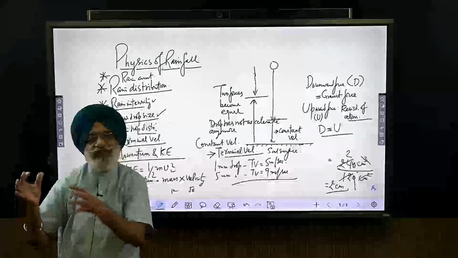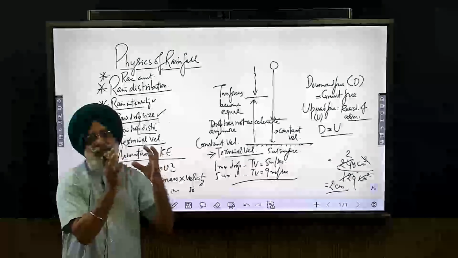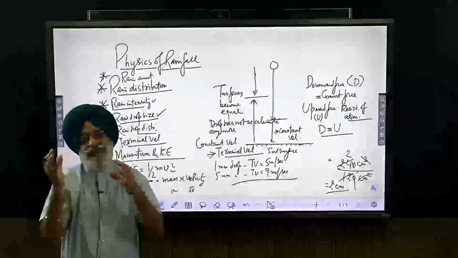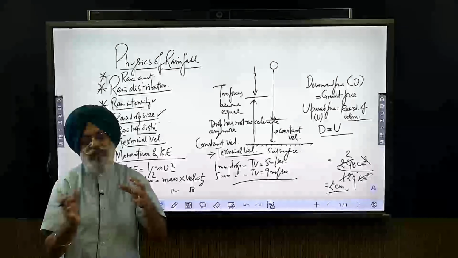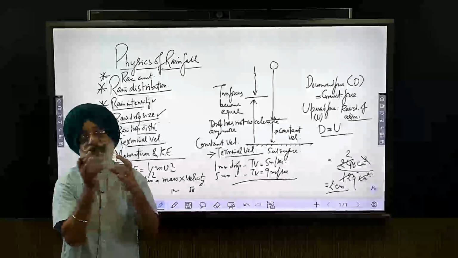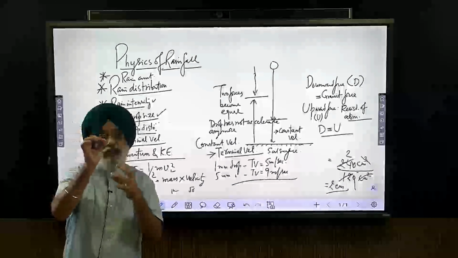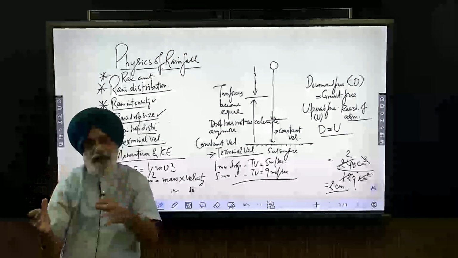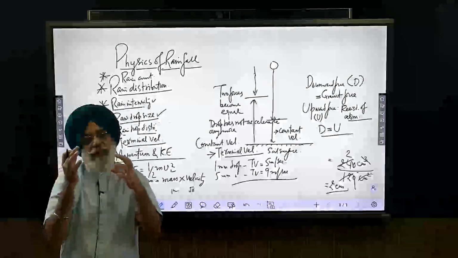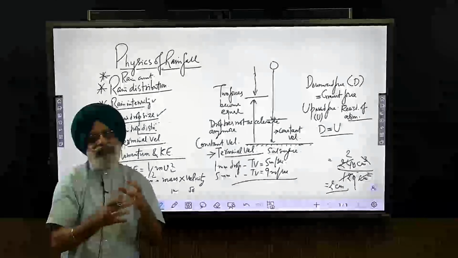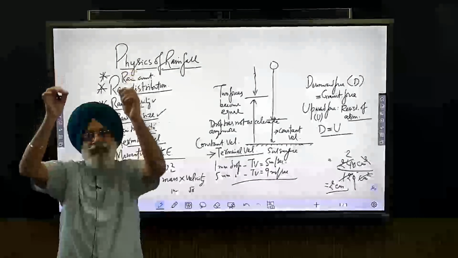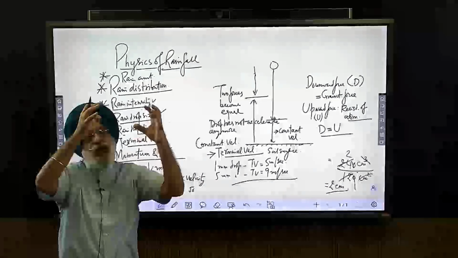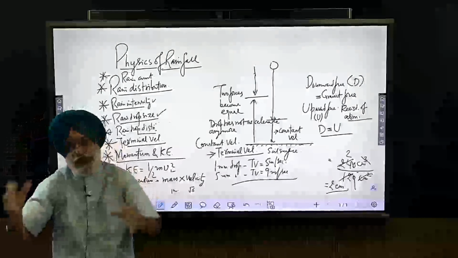Similarly, if two drops of different sizes, say 5 millimeter and 2 millimeter, come with the same velocity before achieving terminal velocity, the momentum of the bigger drop will be more than the smaller one.